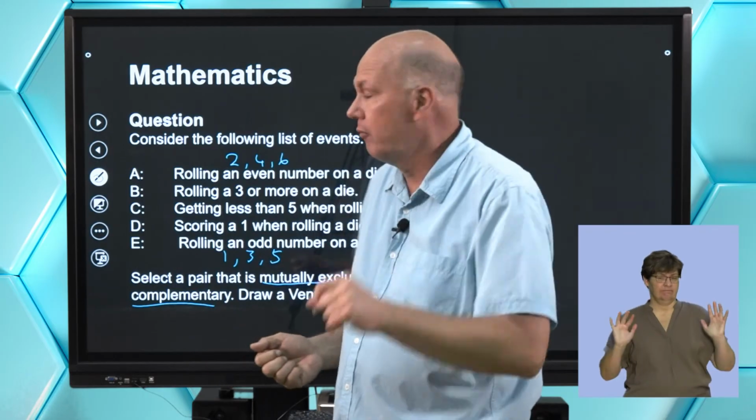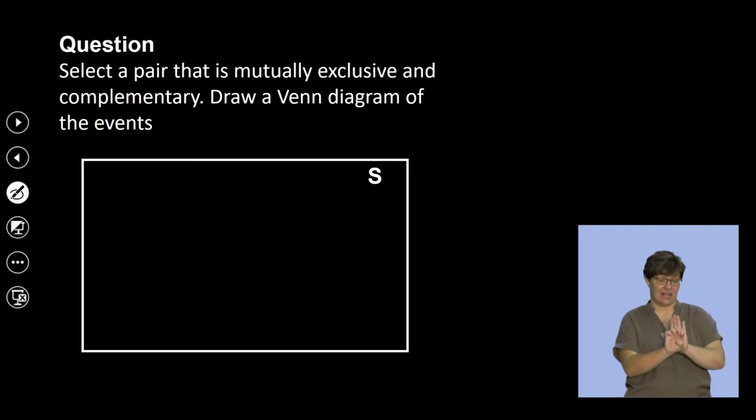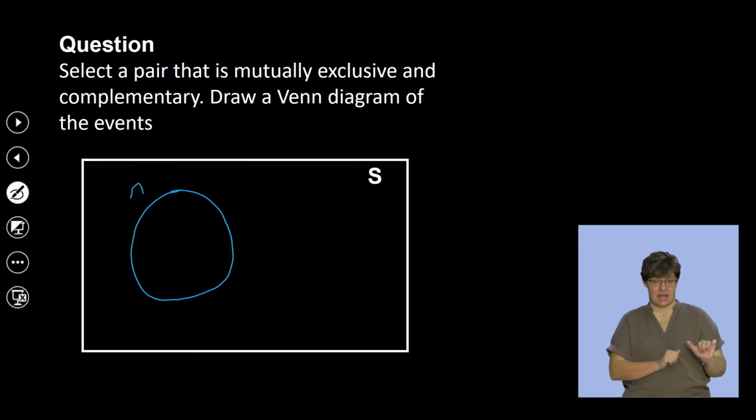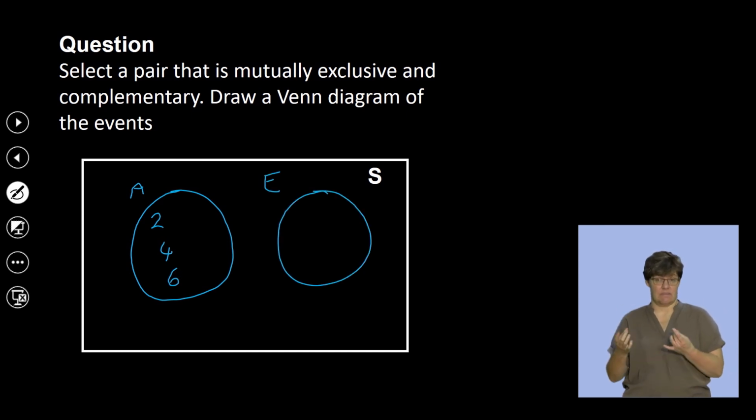But let's have a look at what the Venn diagram looks like. If we look at A and E as examples, A was all the even numbers, so we had 2, 4, and 6, and E was all the odd numbers, which were 1, 3, and 5. Now, there's no overlap, so we can definitely say they're mutually exclusive.